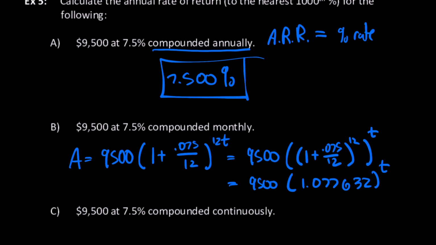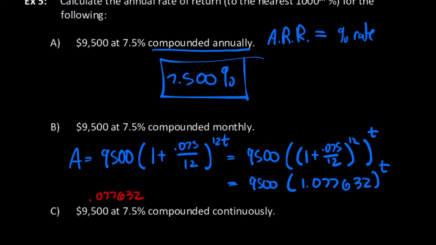So what I need to do now is take this value and subtract 1 from it. All right, so if I do that, that gives me 0.077632. Then I have to calculate to the nearest thousandth of a percent. So I move this over 2 places, so my decimal point goes here. 1, 2, 3. That's a 2, so that stays a 3. So I'm going to get 7.763.